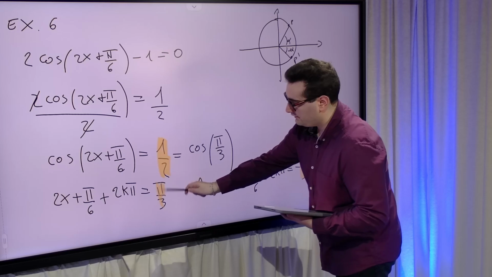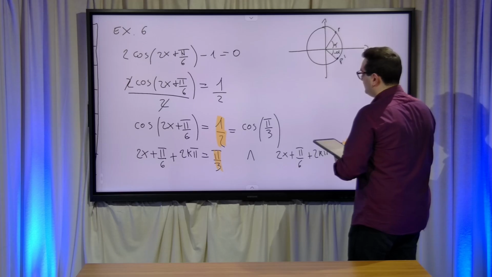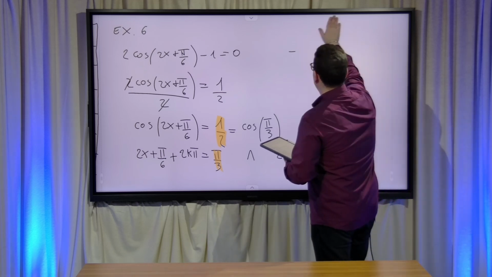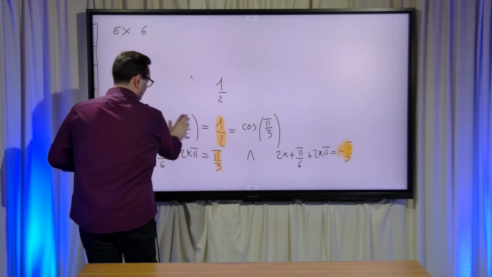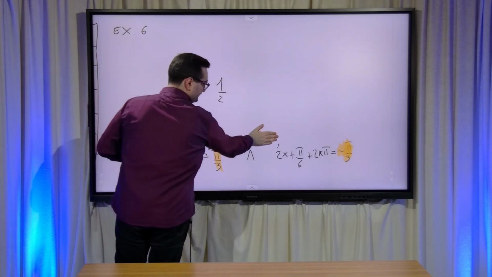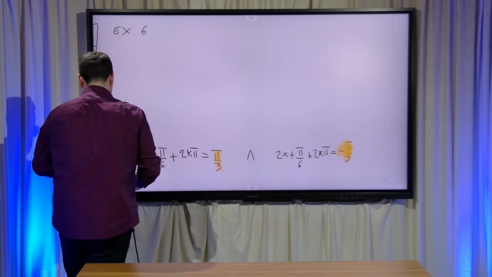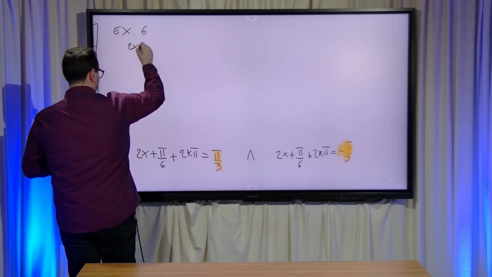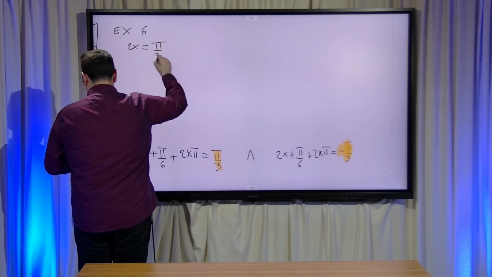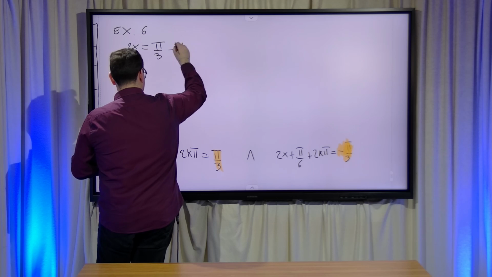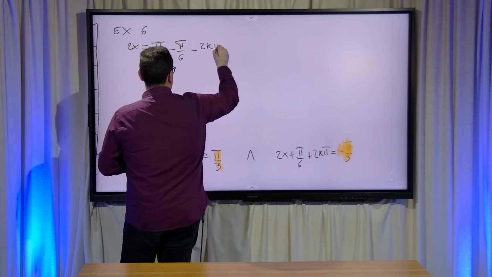This is alpha, and this is minus alpha. Okay, from this one, I can go on and solve the equation considering the two solutions. From this one, I can write 2x is equal to pi over 3 minus pi over 6 minus 2k pi.